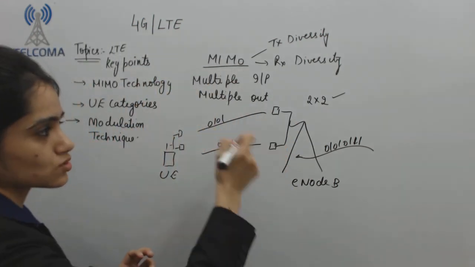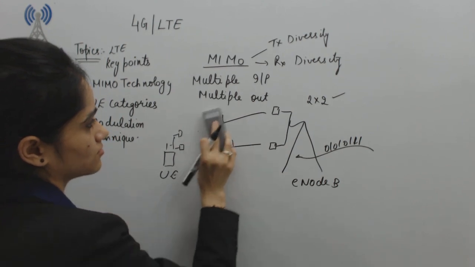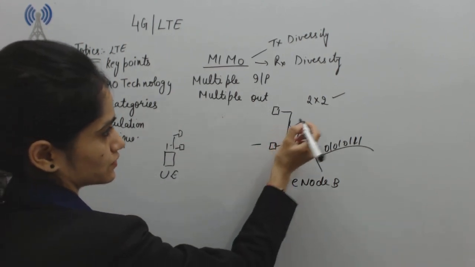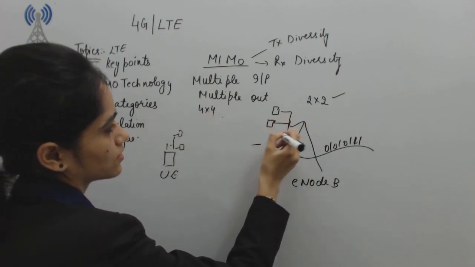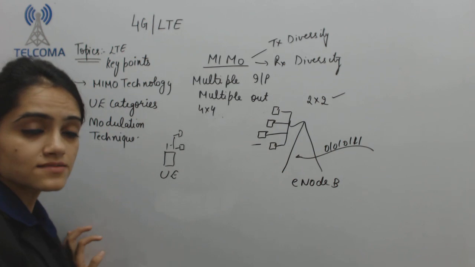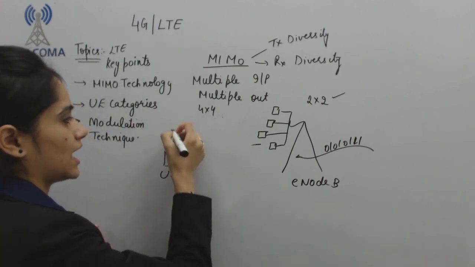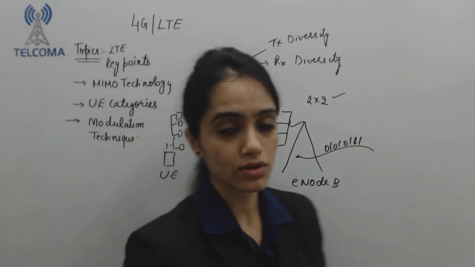Now this is the 2x2 configuration, and the highest configuration in MIMO technology which we have discussed is 4x4. Now this is 4 transmitter receivers at the network end. Practically I require 4 transmitter receivers at the user equipment end also.